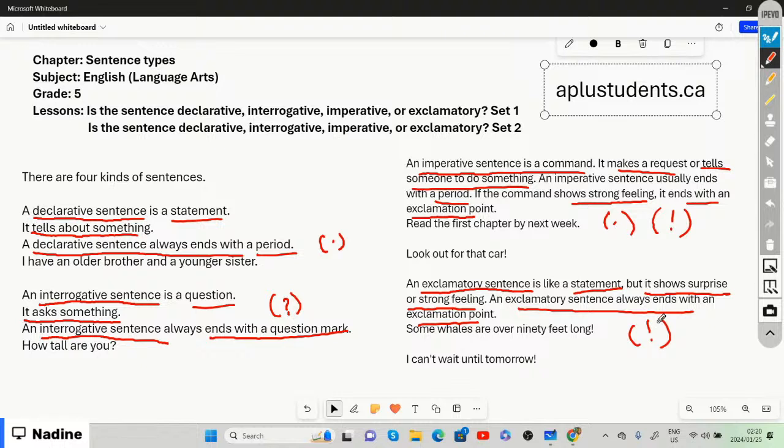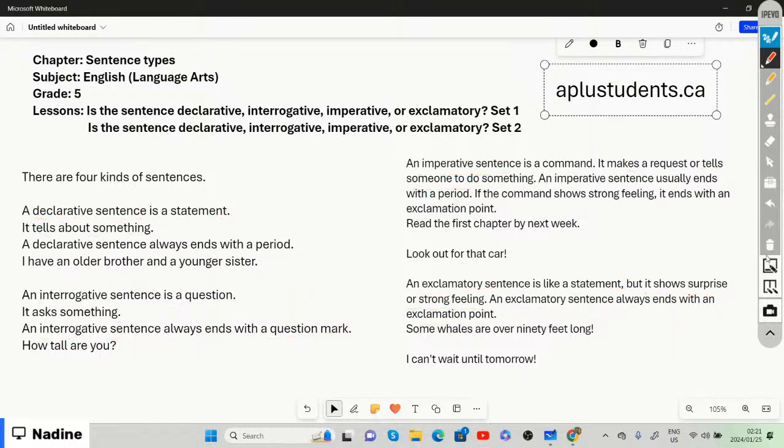So that is basically our four kinds of sentences, where we have a declarative sentence, which is a statement, an interrogative sentence, which asks a question, an imperative sentence, which is a command, and an exclamatory sentence. And we said we are doing our tutorial lesson on A plus students.ca.